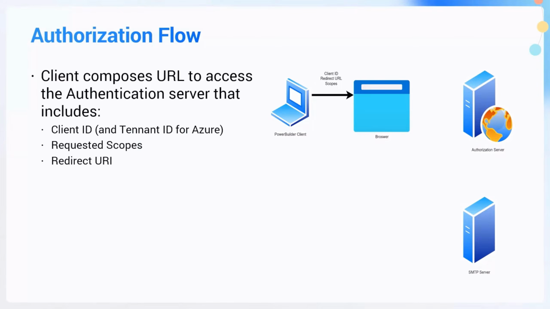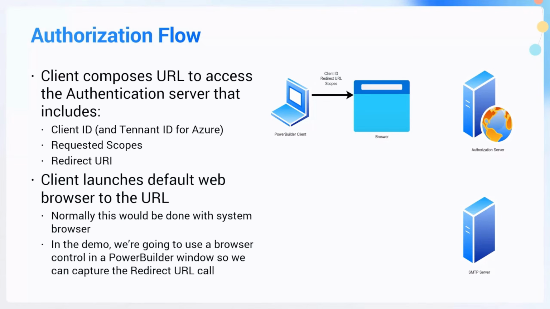Normally we would want to invoke the system browser rather than a browser within a window of the app itself. It's a little more secure that way. If it's a system browser, we know that the client has less opportunity to try to capture the information that's entered into the browser there. If you launch into a browser in a window, that could open up the opportunity for you to try to capture the information that the user enters into the screen as they're trying to log in.